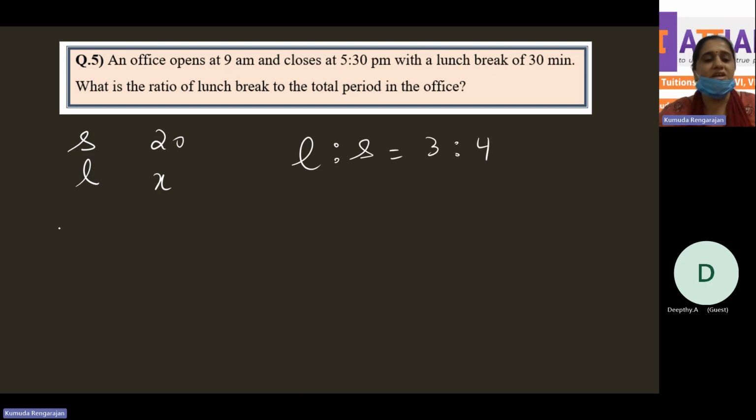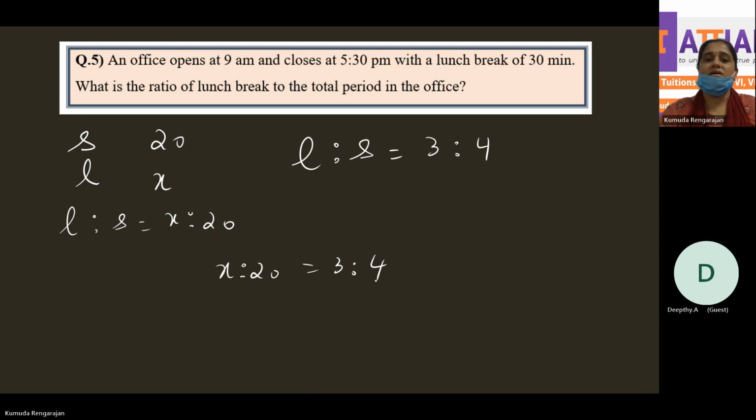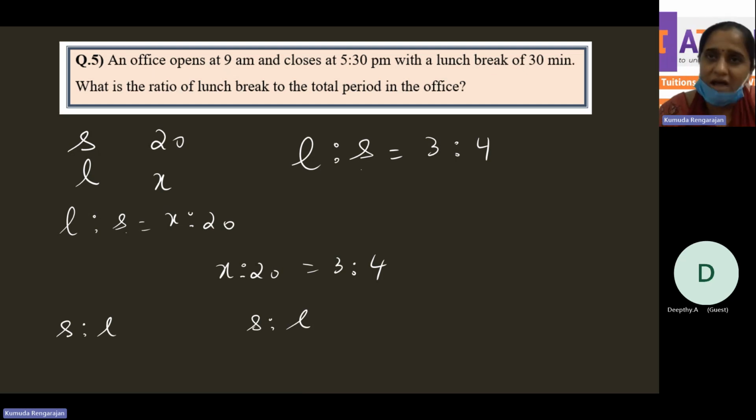Now, using this, what is the ratio large to small? X is to 20. Now, these two are equal. X is to 20 is equal to 3:4. If you make large is to small here, you should have large is to small here also. Or you can have small is to large in both the cases. Then only you can equate both.